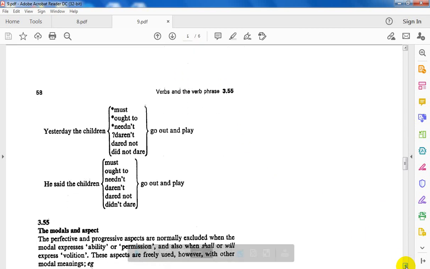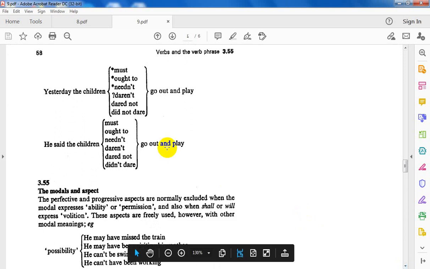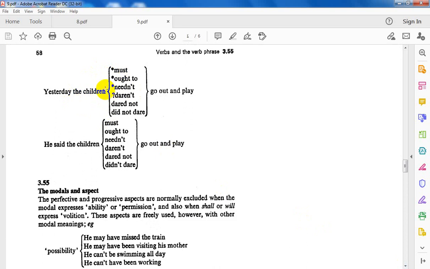Look at these examples. Yesterday the children, an ordinary sentence in the past. Must is not grammatical in the past. Ought to is not grammatical. Needn't is not grammatical. Daren't is okay, it is not rare to be used. Dared not is okay. Did not dare is okay.